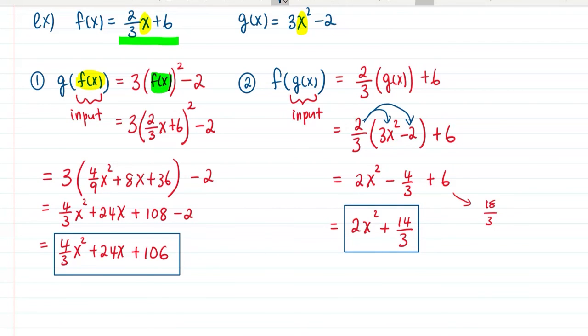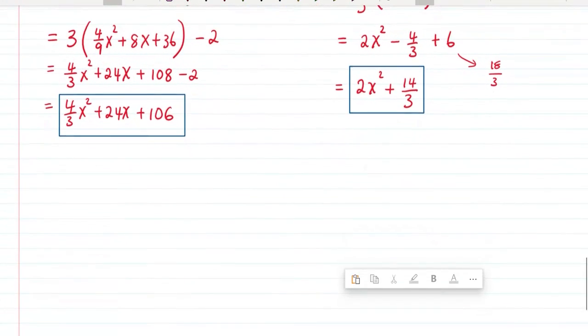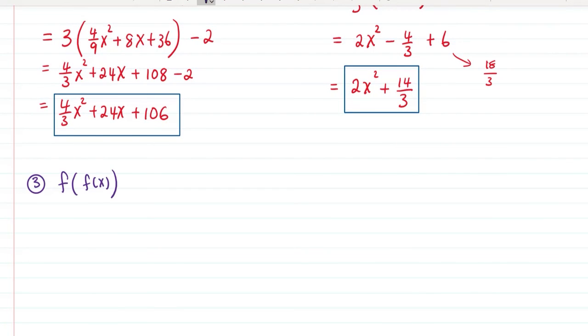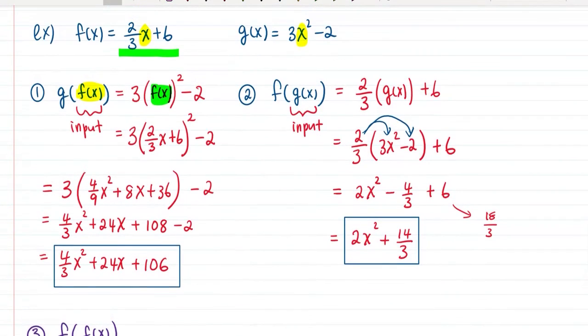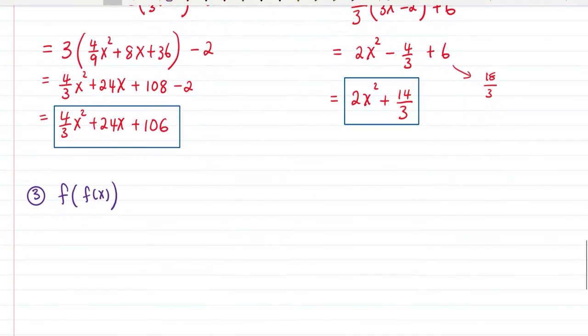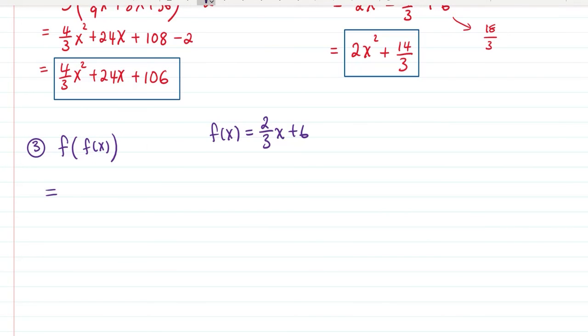Okay, the last one, let's try finding f of f of x. So we're inputting f of x into the f function. So maybe we can rewrite f of x on this side. The given function is 2 over 3x plus 6. So this will be 2 over 3 times f of x plus 6.